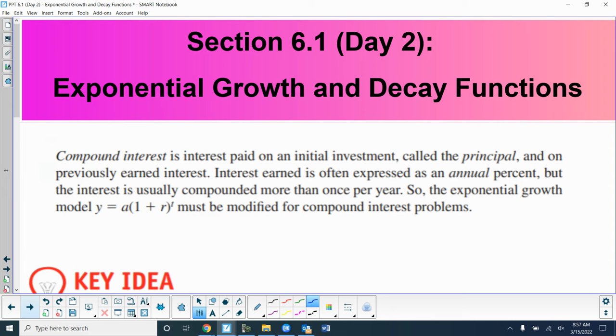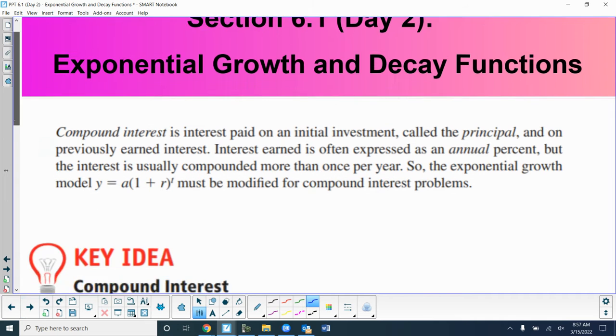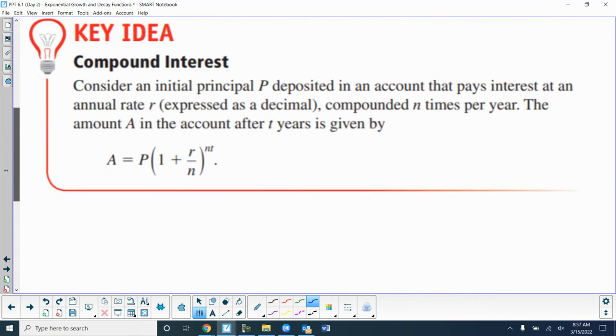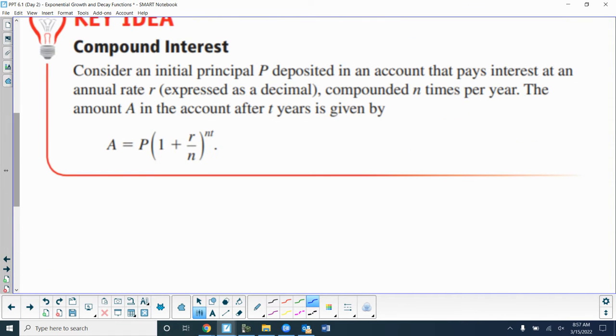So here's our exponential growth model we talked about yesterday. Decay was a minus, all right? So we're going to use this equation today for compound interest. The capital A represents the total amount after so many years, okay?